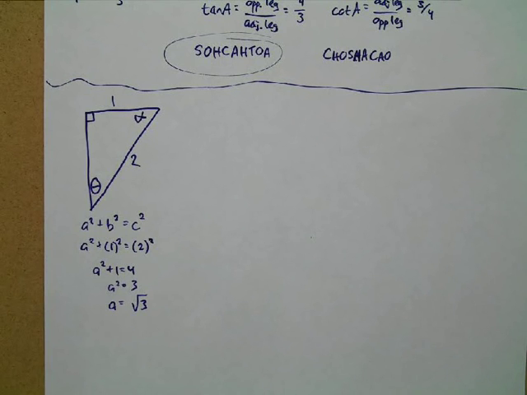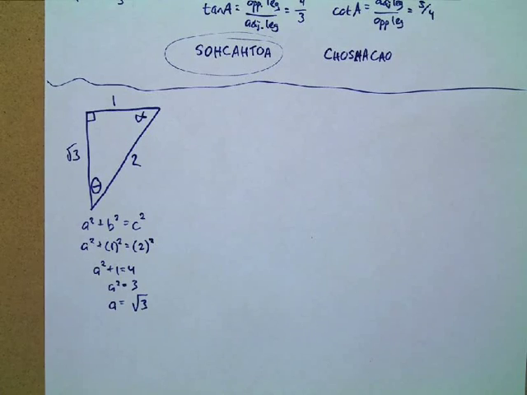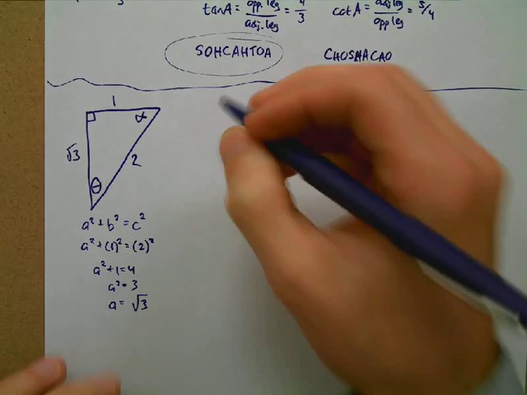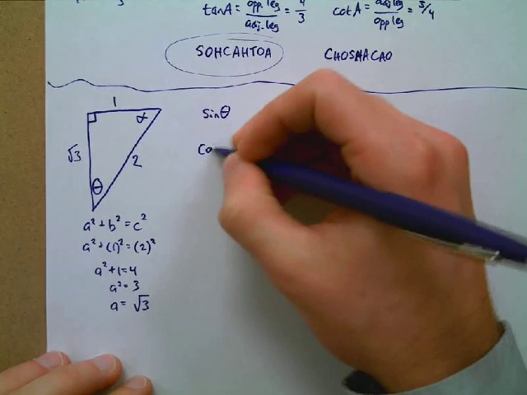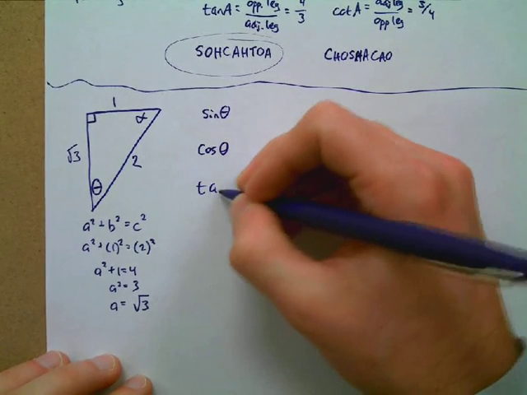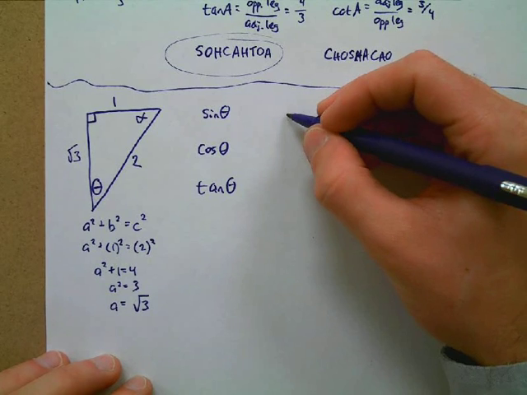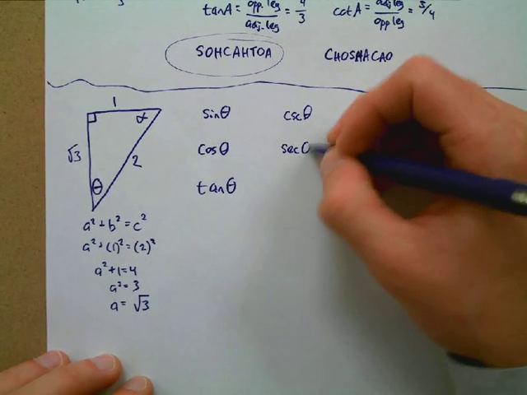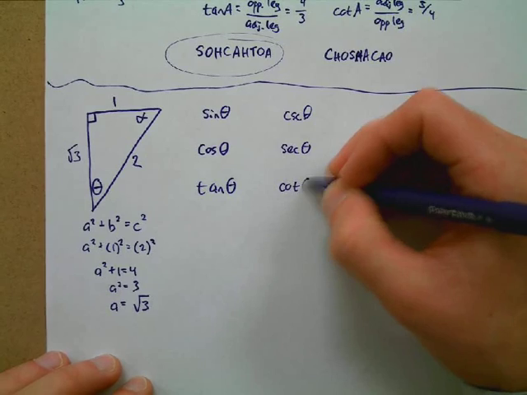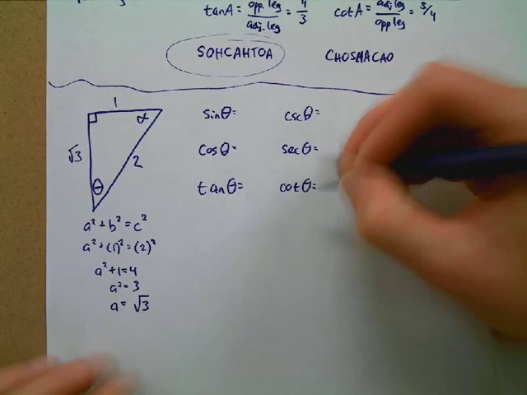I want you guys to go ahead and find sine of theta, cosine of theta, tangent of theta, and then of course the reciprocal trig functions, so cosecant of theta, secant of theta, and cotangent of theta. Let's go ahead and do that real quick.